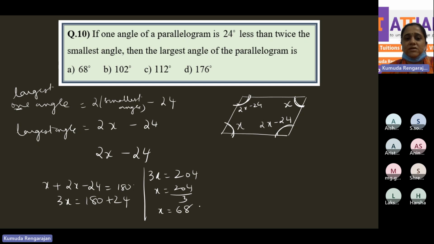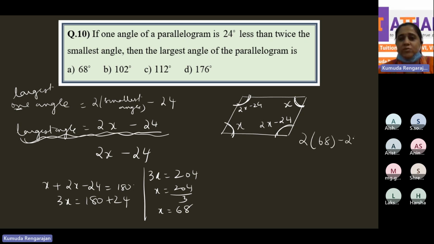What's the question? The largest angle. The largest angle is 2x minus 24. So 2 into 68 minus 24. So this is 16, 1 carried over, 136 minus 24. How much is it?